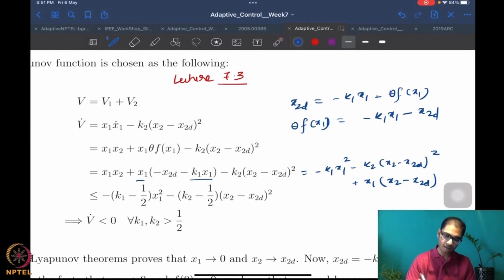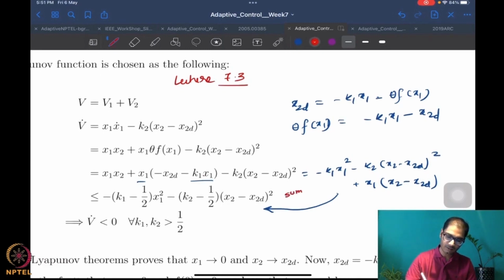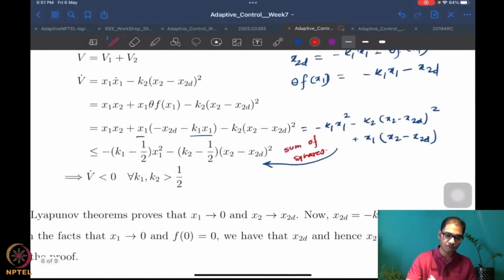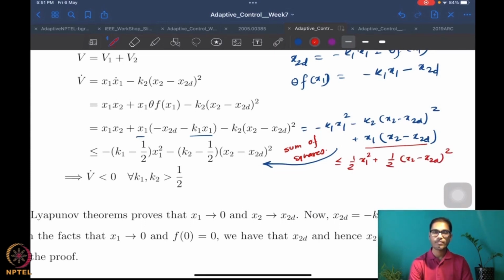And from this point, I can simply do what is called sum of squares, which just involves using the inequality that this term, I will write it once more, is less than or equal to half x1 squared plus half x2 minus x2 desired squared.